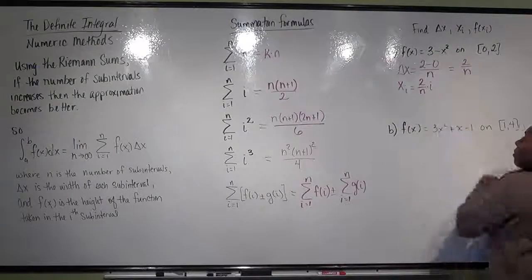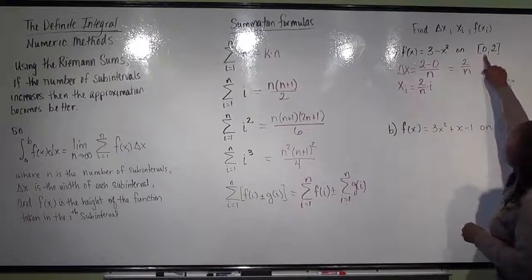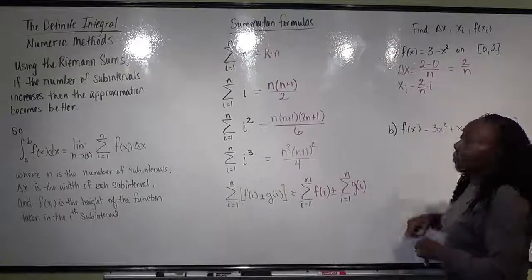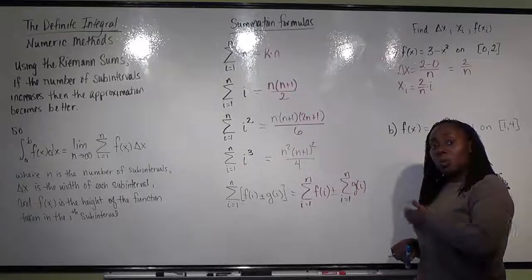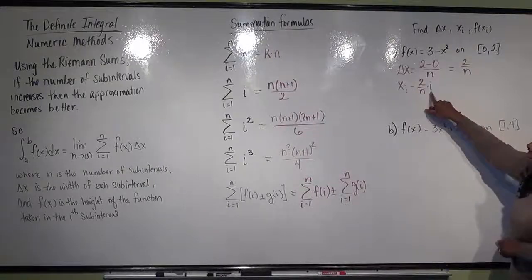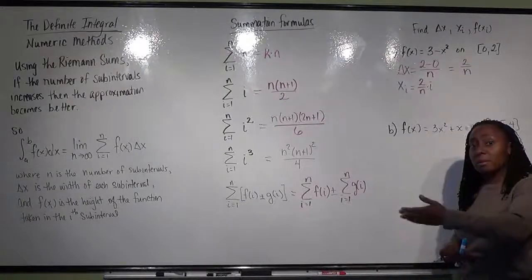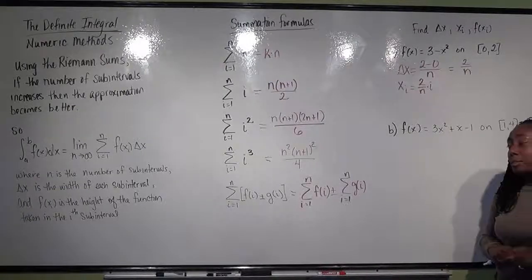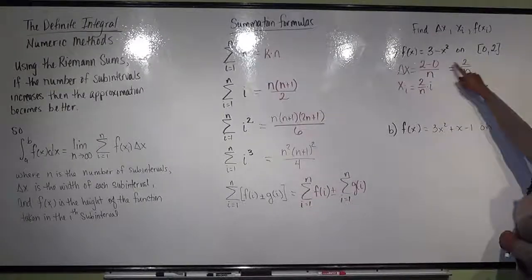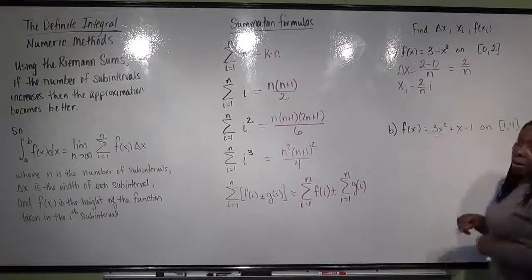So if i is 0, then I'm at the start of my interval. Okay? If i is 2, then I'm at 4 over n, which is going to be 2 subintervals away from 0. If it's 10, I can think 20 over n, which again is going to be 10 subintervals away from 0. Okay? So if it starts at 0, it's enough to say that my x sub i is just my delta x times i.